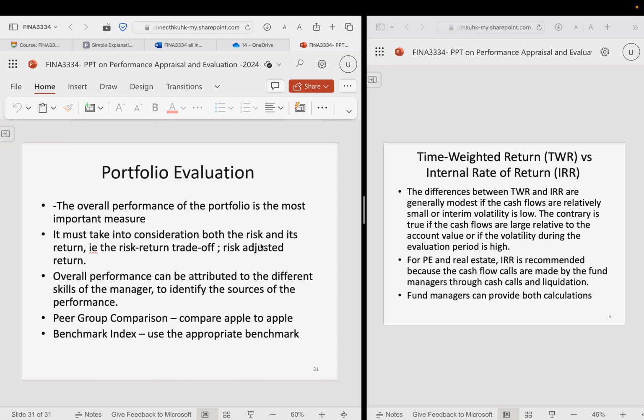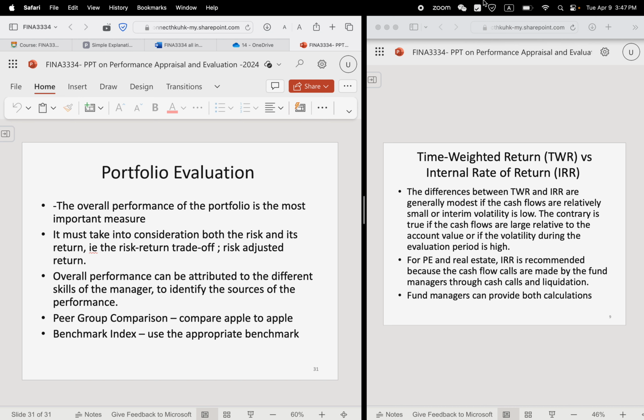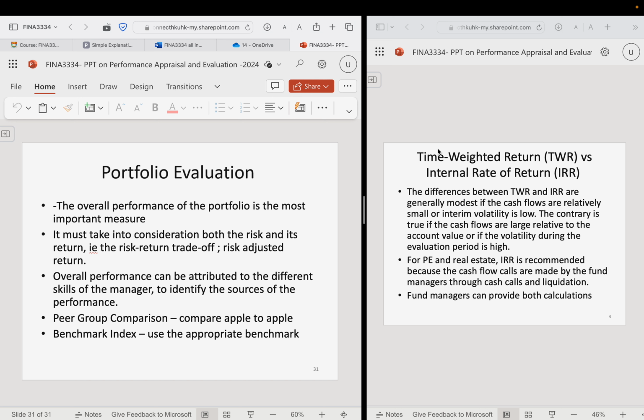Okay, so I would say that for open-end funds, practically, when people evaluate and choose open-end fund managers, they will rely a lot on the quantitative method rather than the qualitative method, because for open-end funds it's quite difficult to get a lot of qualitative information, and also the quantitative method really determines a lot of the performance of the fund managers.